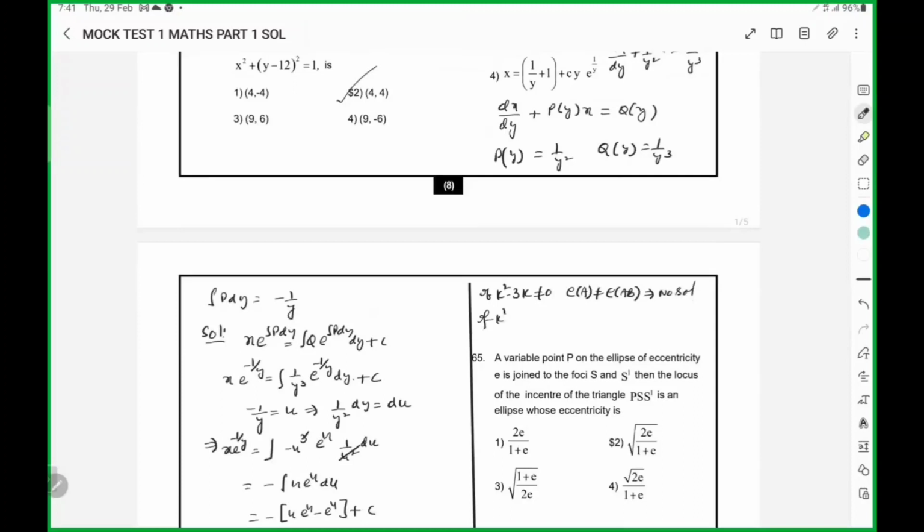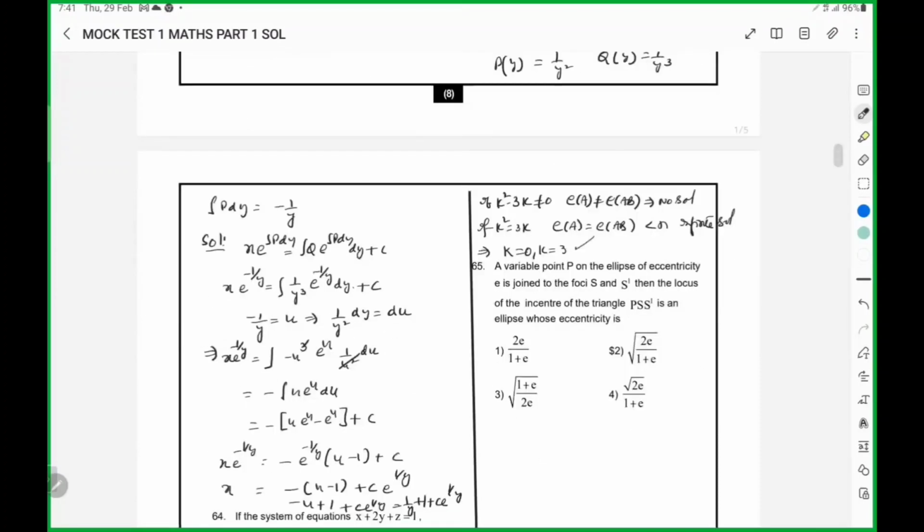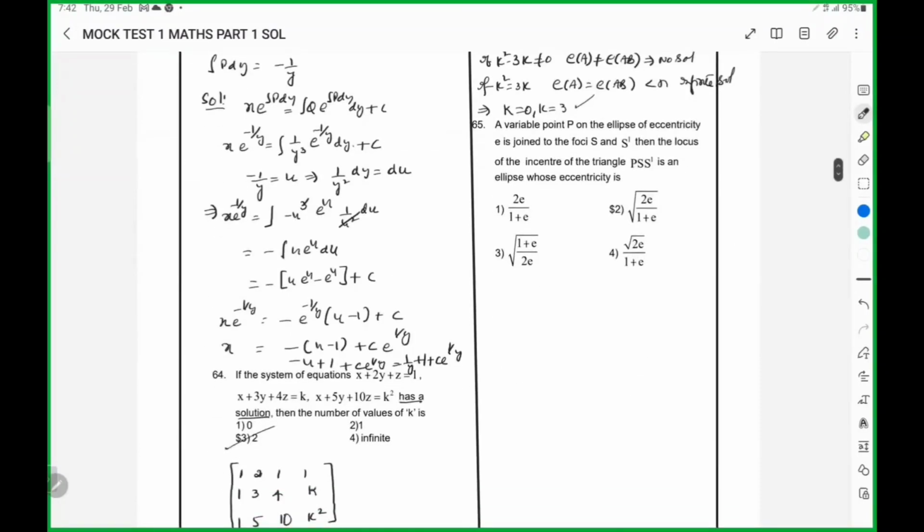If k square is equal to 3k, then the rank of the matrices is equal, so there are infinite solutions. That is possible for k equal to 0, 3. For two values of k, you have a solution for the system.